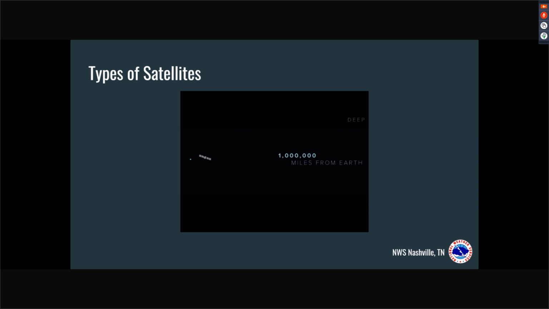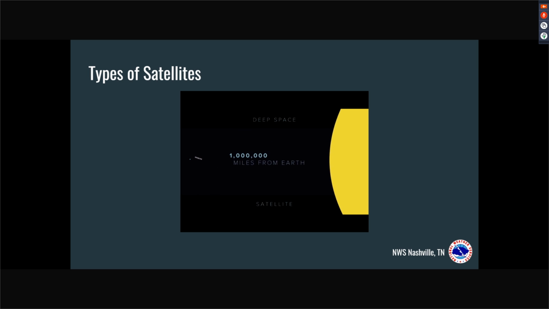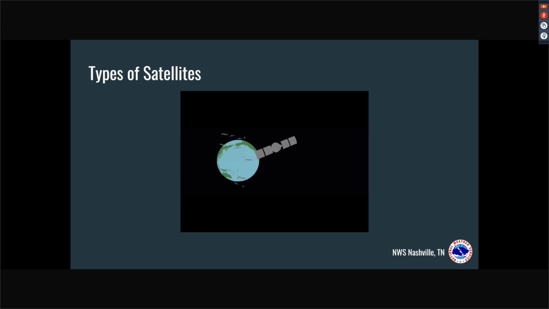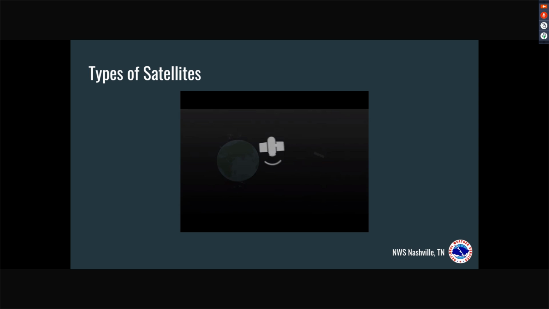And our deep space satellite orbits 1 million miles from Earth, providing space weather alerts and forecasts, while also monitoring the amount of solar energy absorbed by Earth every day. While NOAA operates many satellites, no one country alone can afford to effectively monitor the entire Earth. NOAA partners with the international community to leverage data from satellites around the world, providing a more complete understanding of our ever-changing planet.